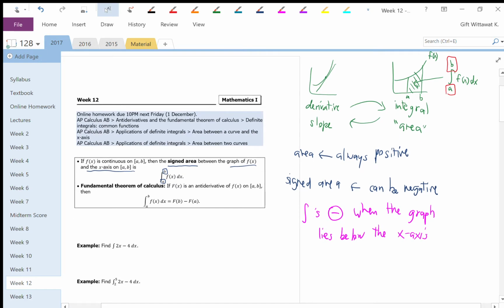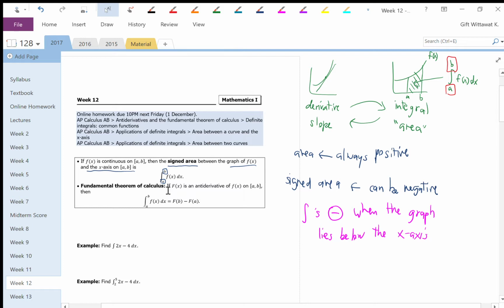Okay. To compute that, we will use what we call the fundamental theorem of calculus. In practice, this is one of the most important theorems in calculus because it is what relates the derivative to the integral.